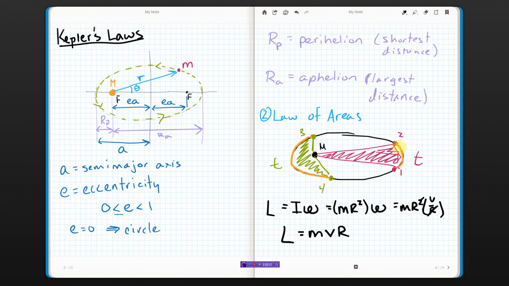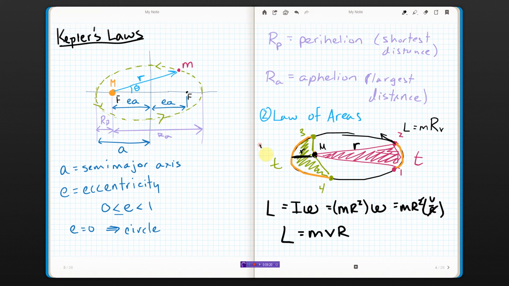So over here, I've got a really long r. There's my r right there. Mass doesn't change. So way over here, L is m with a big R, so I'm going to have a little v, right here. On this side, R is a lot smaller.